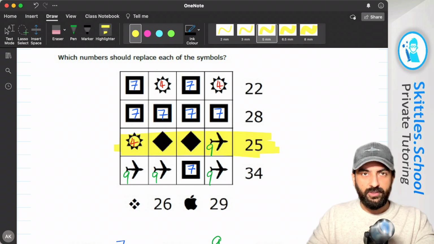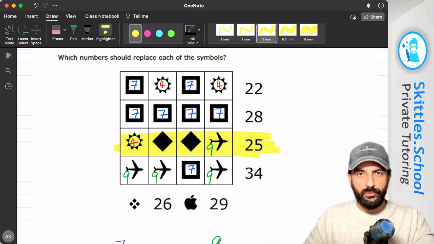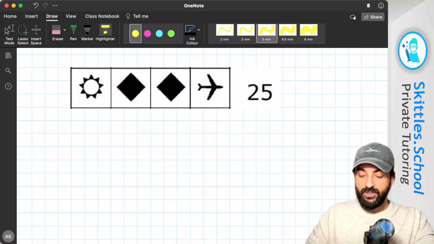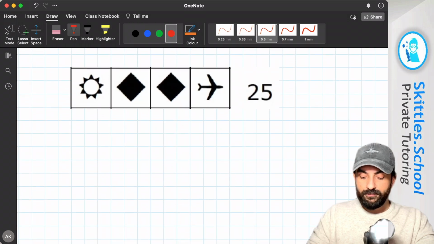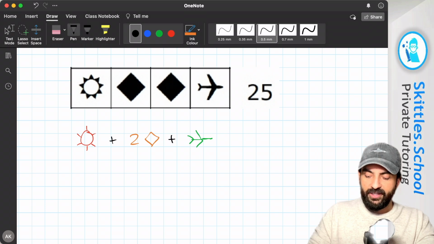A sun, 2 diamonds, and an aeroplane are equal to 25.